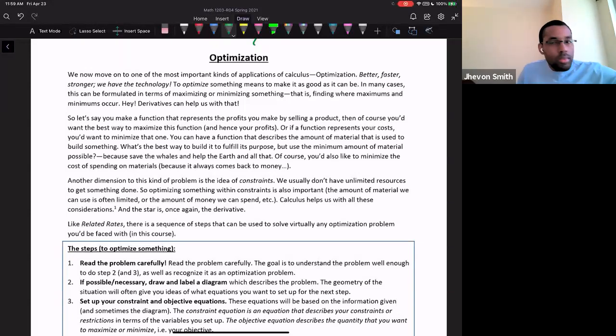So we want to make something as good as it possibly can be, but the idea is we have restrictions, and that's always going to be the case because we don't have infinite resources. So there's always going to be something that's in short supply, right? Relatively speaking. You can be the business owner who wants an infinite amount of profit, but you don't have an infinite amount of employees. You don't have an infinite amount of offices. You can't make an infinite amount of products, sell it for an infinite amount of money, right?